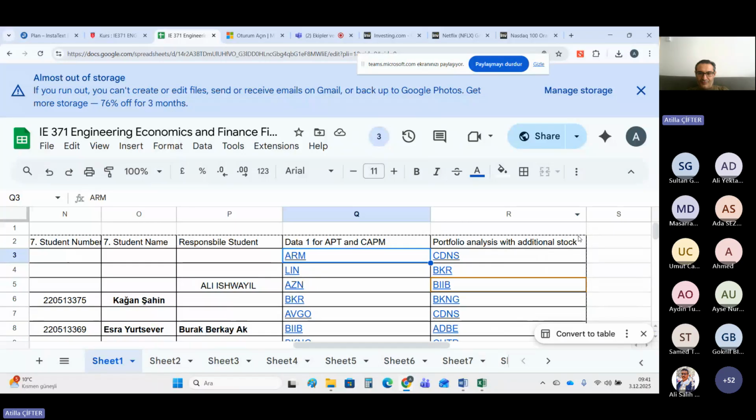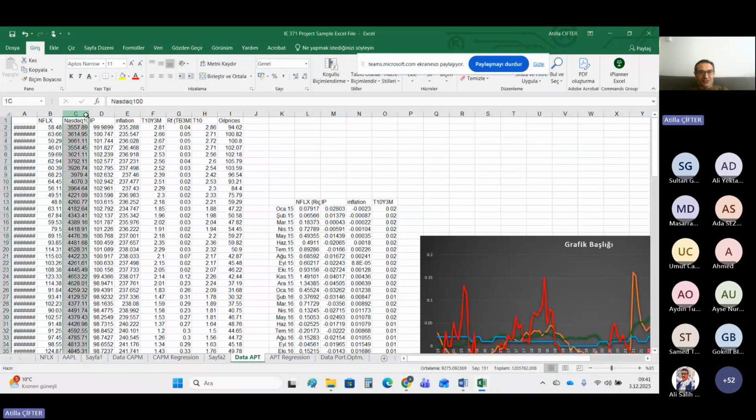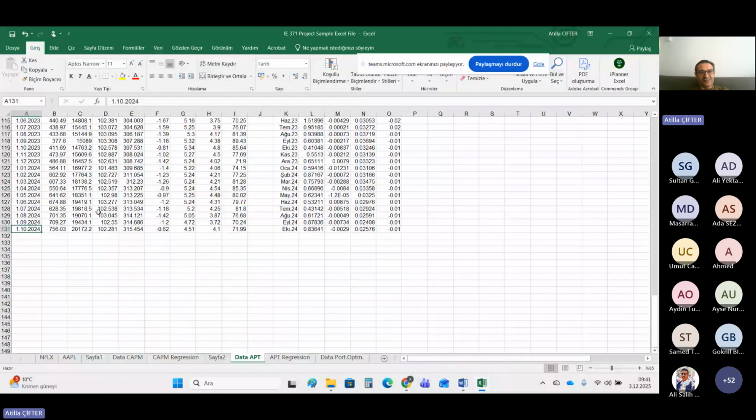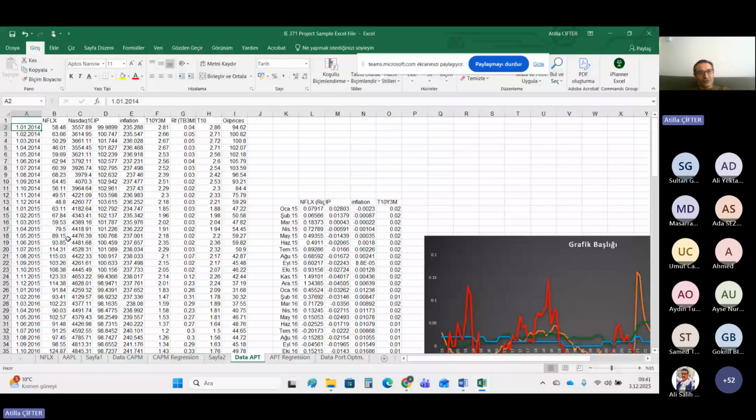I will send you Nasdaq, industrial production, inflation, 3-month treasury bill rate, and risk-free rate, so that you will paste this data, because these are old data. I want to update it with the new observations because time has changed. As you can see, it ends with 2014, but your data will start from 2015 and end with 2025.